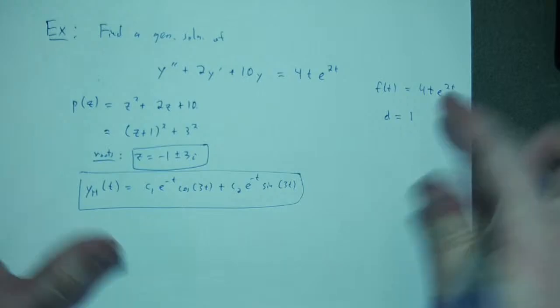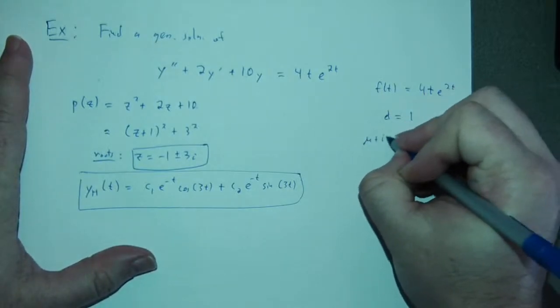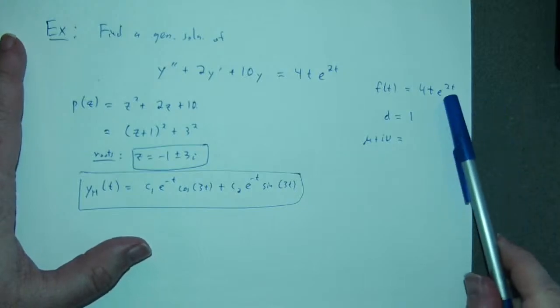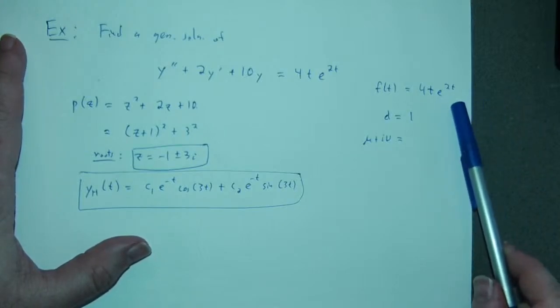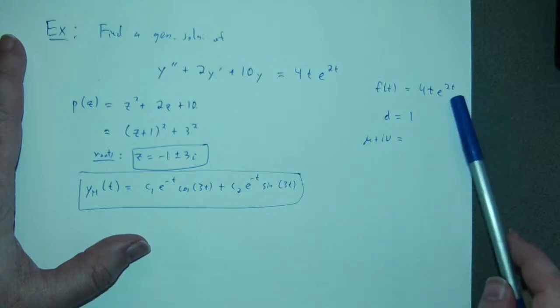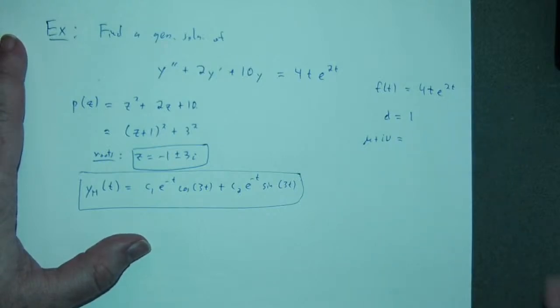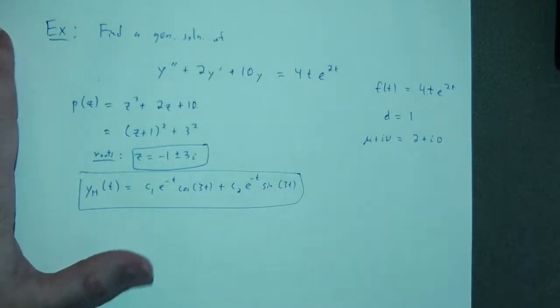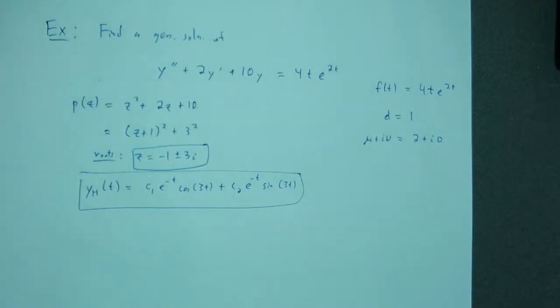What's the characteristic mu plus i nu? There's no cosine or sine showing up, so nu is 0. So my characteristic is 2 plus i times 0, so just 2, coming from this term.